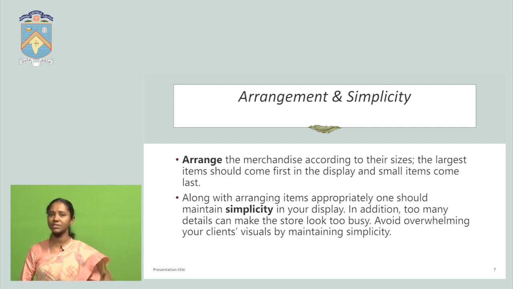If we have availability of the product with 100 units in our store, at the end, from a display point of view, we have to arrange very strategically, and it should seem very simple. If it is very clumsy, it gives the customer a feeling that it is clumsy and confusing. So, simplicity also we have to maintain in our visual merchandising.